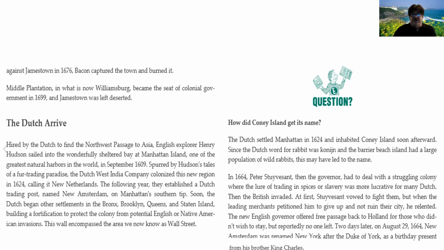The new English governor offered free passage back to Holland for those who didn't wish to stay, but reportedly no one left. Two days later, on August 29, 1664, New Amsterdam was renamed New York after the Duke of York, a birthday present from his brother King Charles.